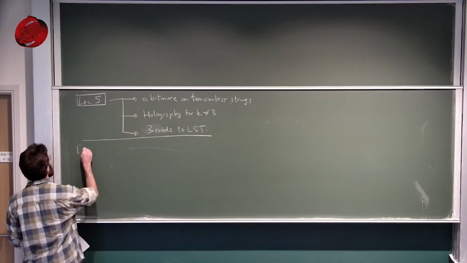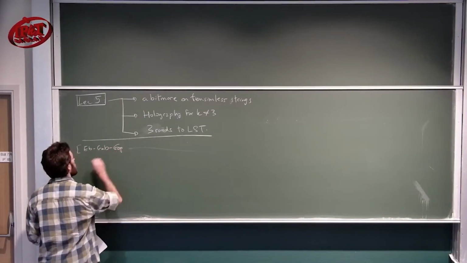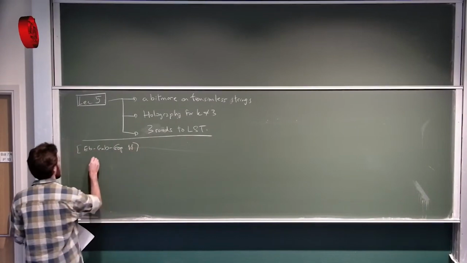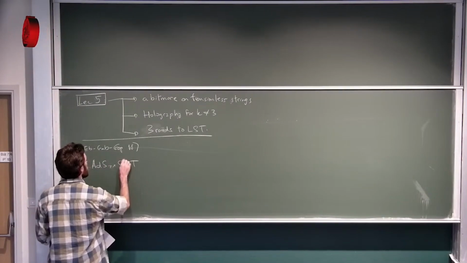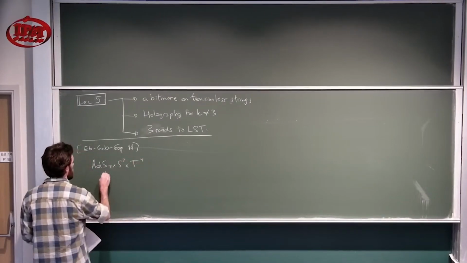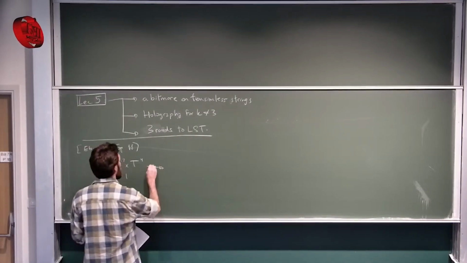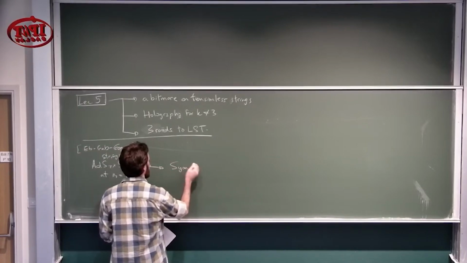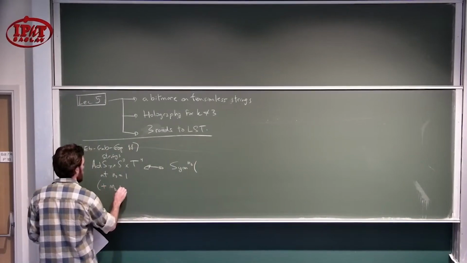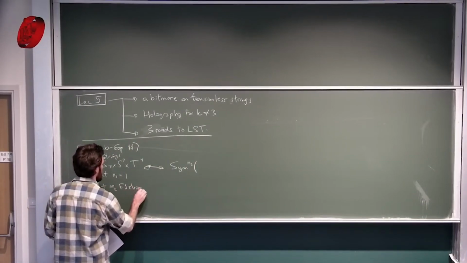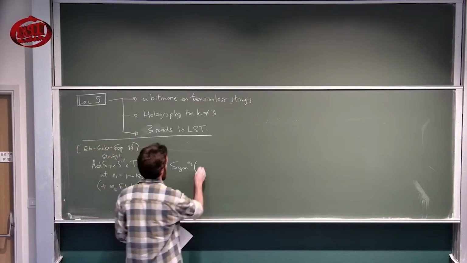In 2018, Eberhardt, Gaberdiel and Gopakumar proposed that string theory on AdS3 times S3 times T4 at n5 equals 1 was exactly dual to the symmetric product orbifold of T4 with n1 copies, where n1 is the number of F1 strings, and n5 is the number of the fivebranes.